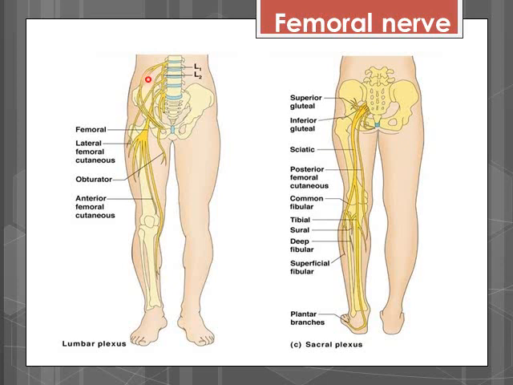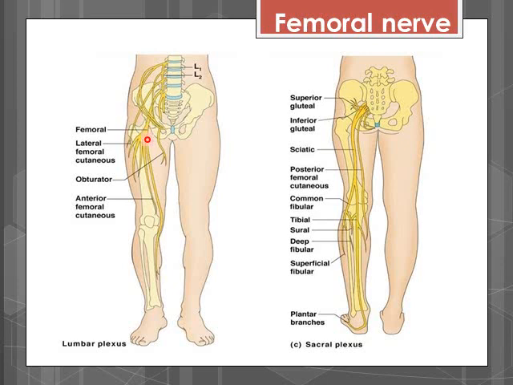The lumbar plexus is the meeting and the branching of the nerves arising from the ventral roots of spinal nerves from lumbar 1 to lumbar 4. It provides supply to the upper thigh in addition to the perineum and lower abdominal wall.